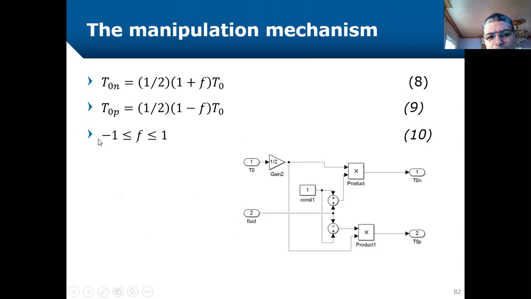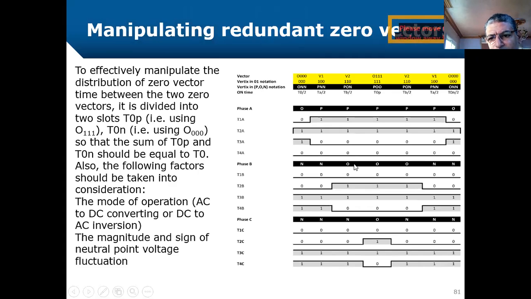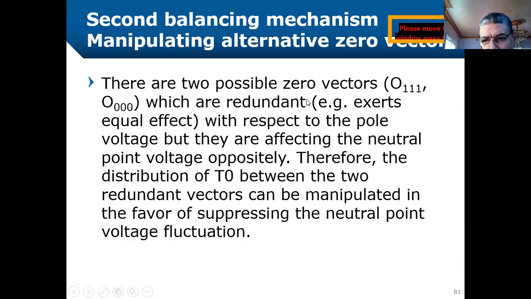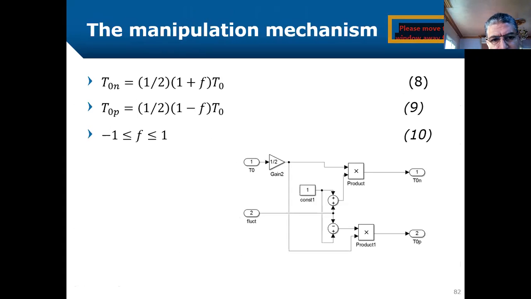Using this manipulation mechanism, T1 and T0N and T0B, we have divided the time, as I say, into two portions, T0 positive and T0 negative. T0 positive is here, T0 negative by 2 is here. And this division is coming from this calculation. The manipulation factor F is added to 1 or subtracted from 1, multiplied by the zero vector time and multiplied by half.